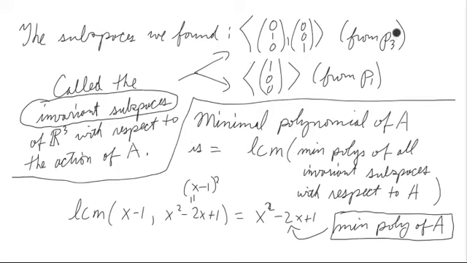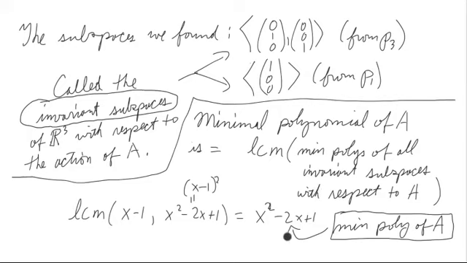So from P3, the minimal polynomial was this guy, and from P1, it was this guy right here. The least common multiple of those two is this right here, x squared minus 2x plus 1. So that's actually the minimal polynomial of A on all of our R3.